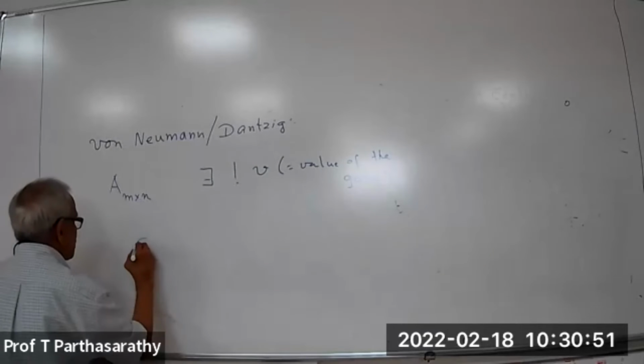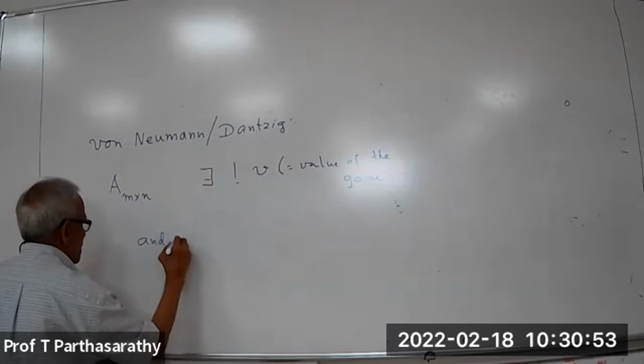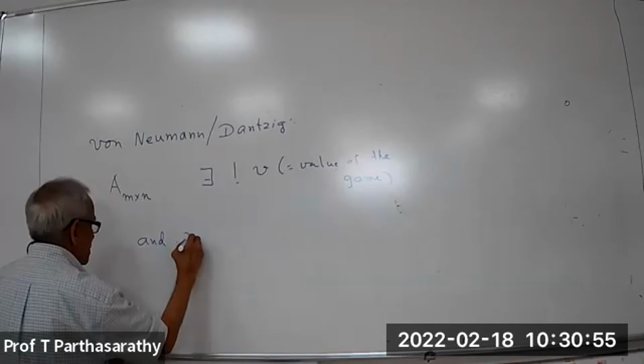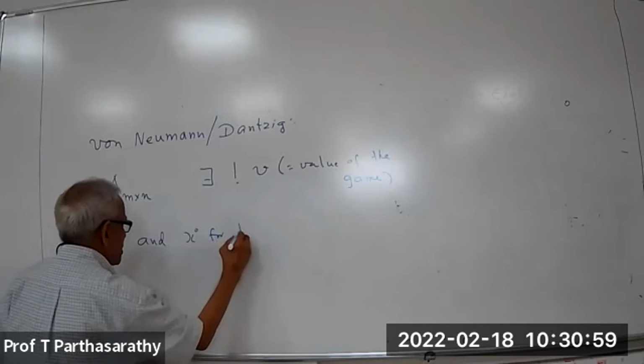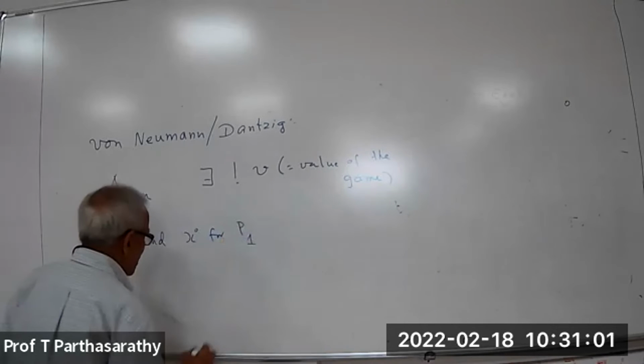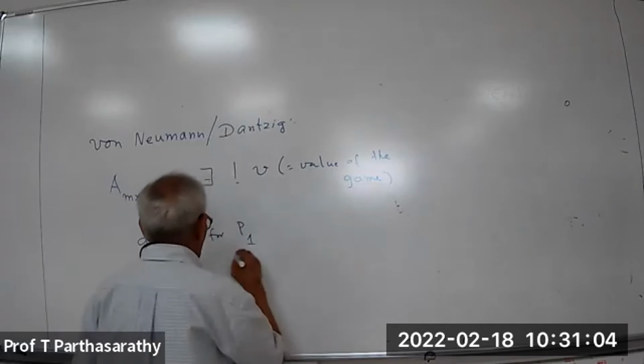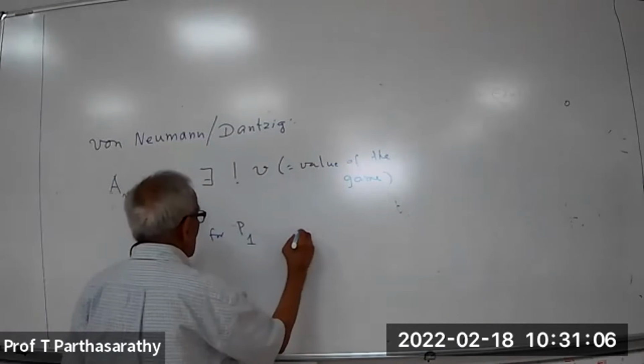and x naught for the maximizer. Here I am assuming the row chooser is the maximizer, and x naught for P1. This is called optimal.